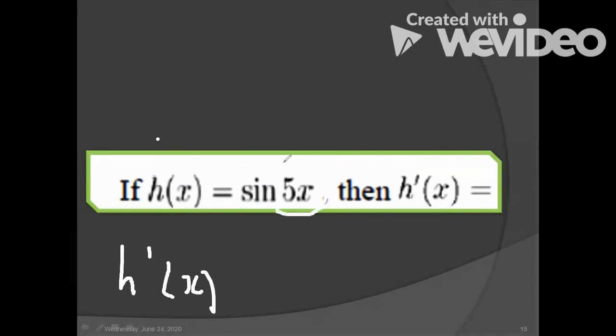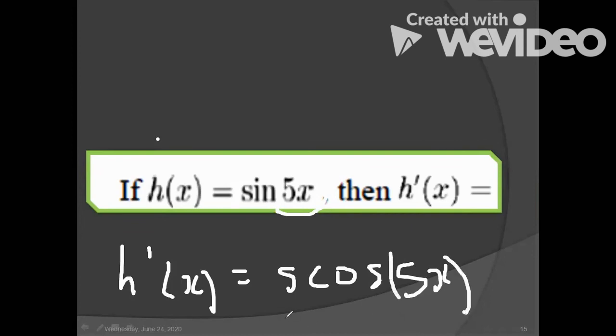If you differentiate 5x, what do we get? We get 5, so we put it right here. And then we differentiate sine, we get what? Cos. And then you write back the 5x. That's our answer. So it's 5 cos 5x.